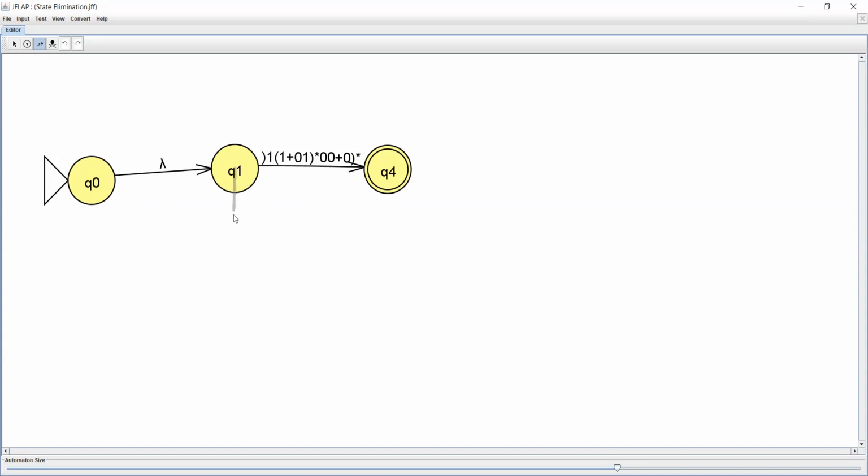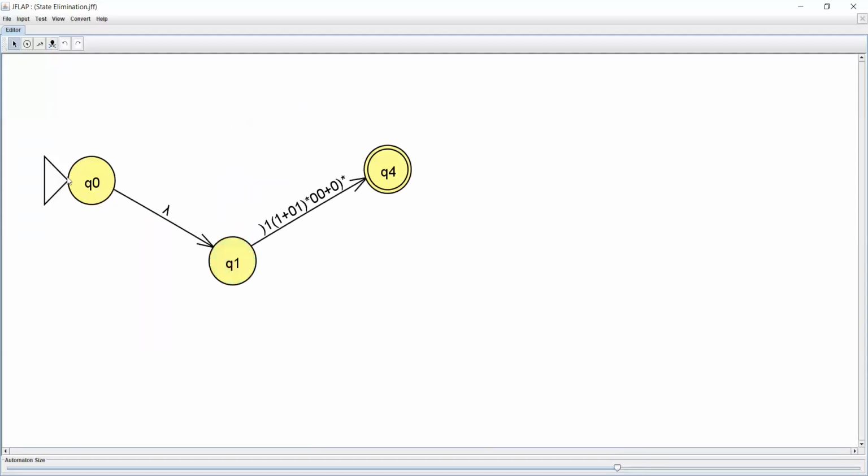Now I want to remove the state Q1, because this is the state which is lying between Q0 and Q4. So how could I remove that? Simple, we have one incoming transition and one outgoing transition. Just multiply or concatenate them.